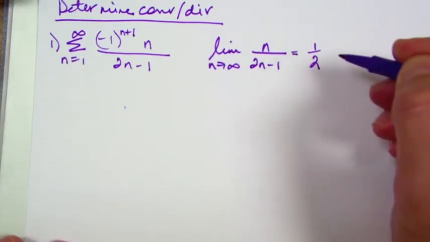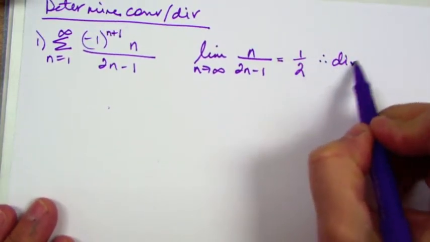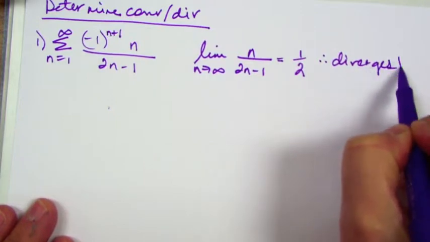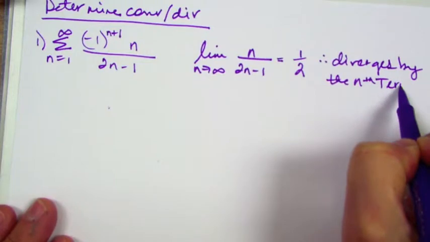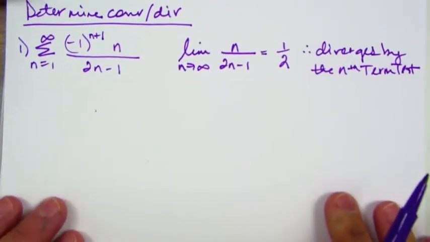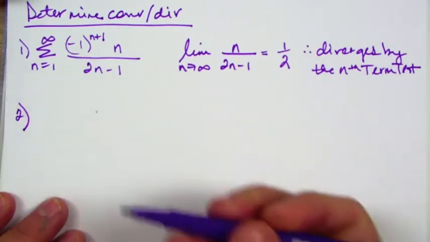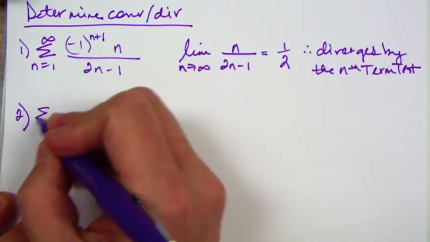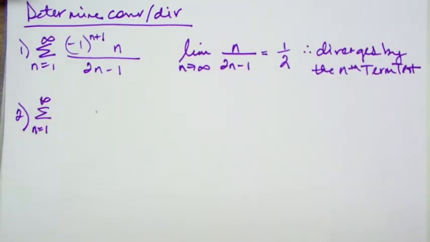So what can I now say? It diverges by the nth term test.